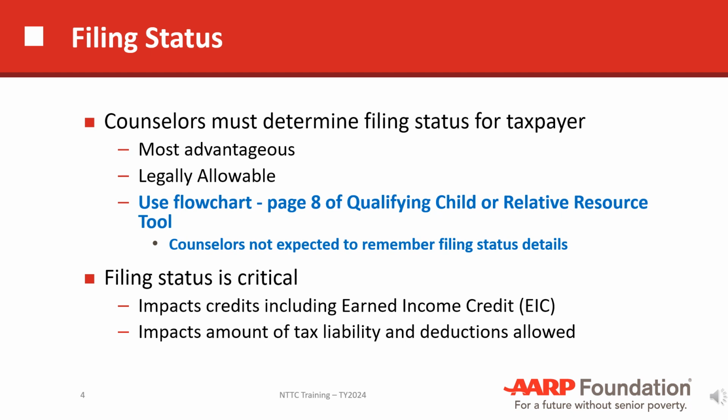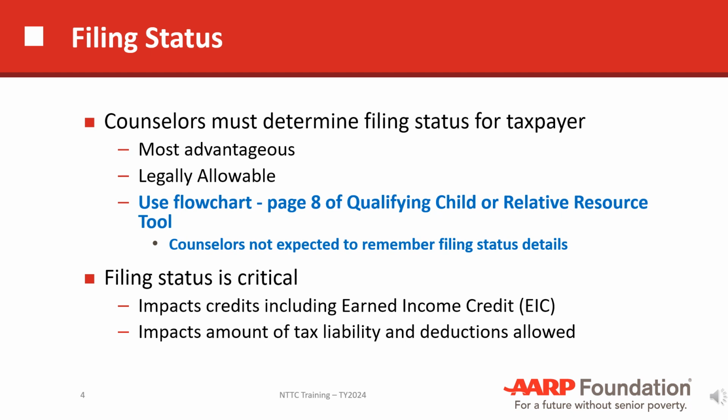So we need to look for the filing status that's most advantageous to the taxpayer, the one that's legally allowable, and we have our qualifying child or relative resource tool that you should all have at this point. You also have it electronically in the self-study folder under federal resources. Counselors are not expected to remember filing status details, as I mentioned earlier.